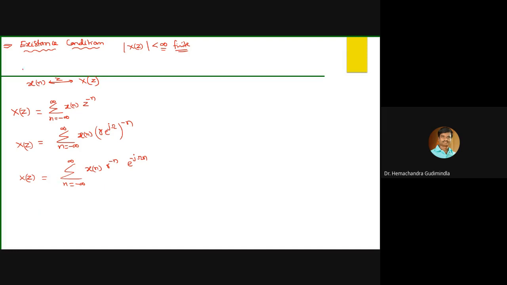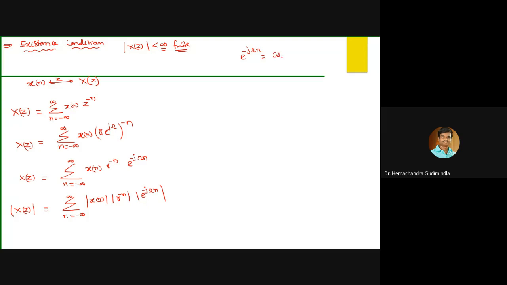Now, if I want to find the existence condition, I need to find the modulus of X of z. That is summation n equal to minus infinity to infinity modulus of x of n, modulus of r power minus n, modulus of e power minus j omega n. Now, what is the modulus of e power minus j omega n?